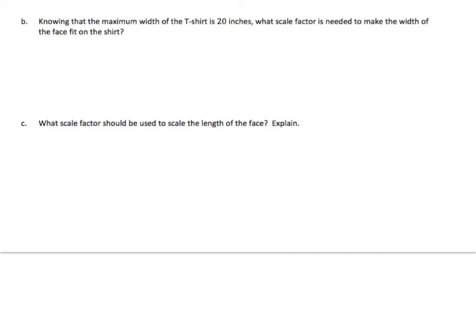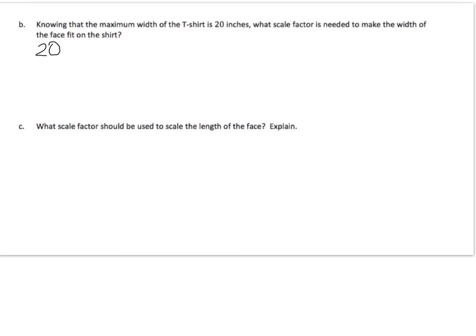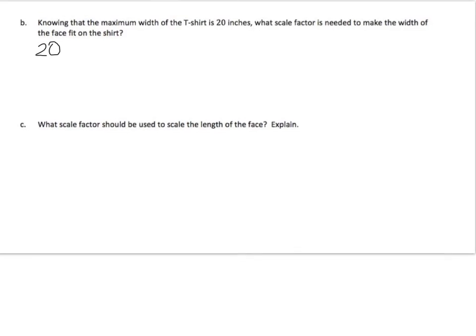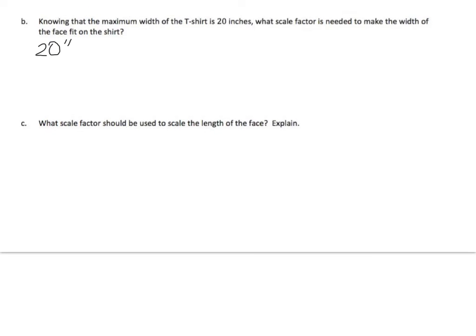Knowing that the maximum width of the t-shirt is 20 inches, what scale factor is needed to make the width of the face fit on the shirt? We're at 20 inches, and that's for the shirt. We're at 10 feet for the actual statue.